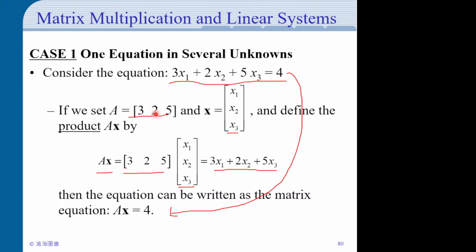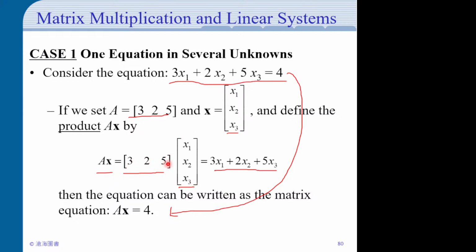This is pretty algebraic. This x is just x1, x2, x3. It doesn't depend on the equation at all. So for Ax, we have a 1 by 3 matrix times a 3 by 1 matrix, and here we check that our r needs to be the same.